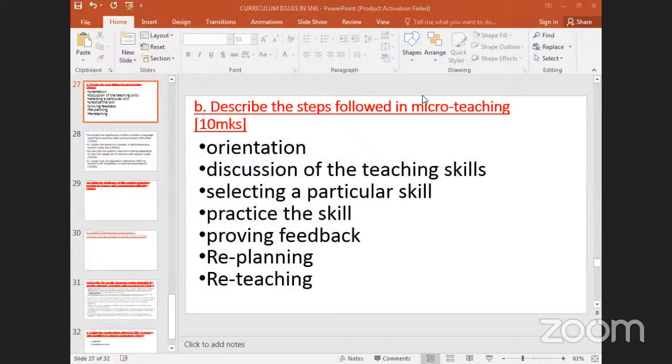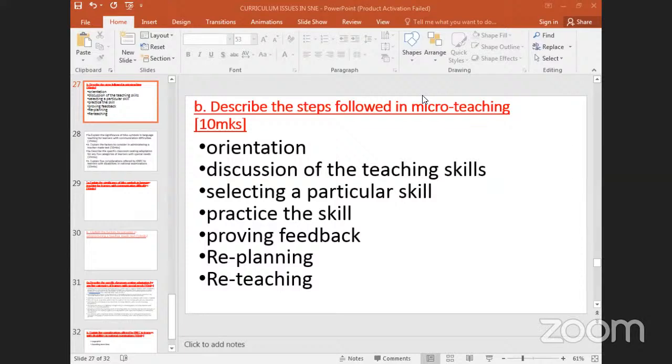You will also have to provide feedback, on whether the skill that you used was successful, both from those you are teaching, and after that, you have to replan yourself before you redo the teaching.